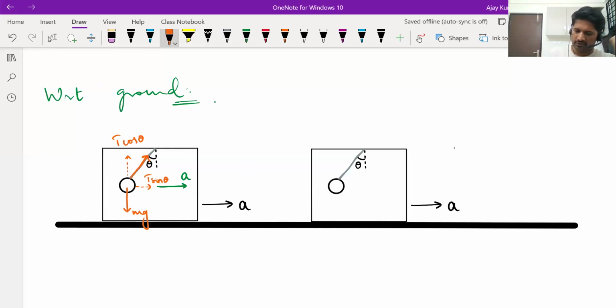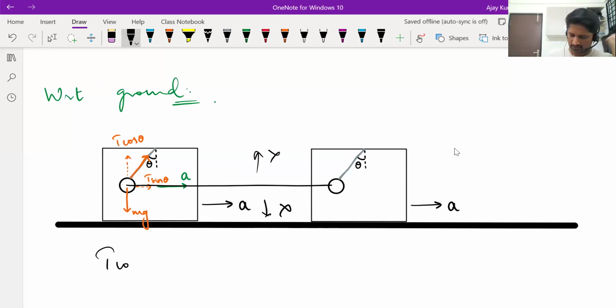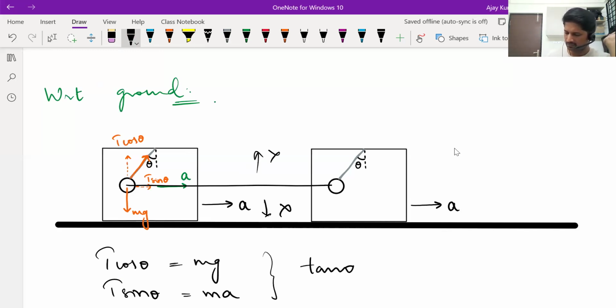The bob only moves horizontally, it doesn't go up or down. Therefore, T cos theta should balance mg, and T sin theta net force equal to mass into acceleration. Solve these two, you will get tan theta is equal to a by g. Or a is equal to g tan theta.